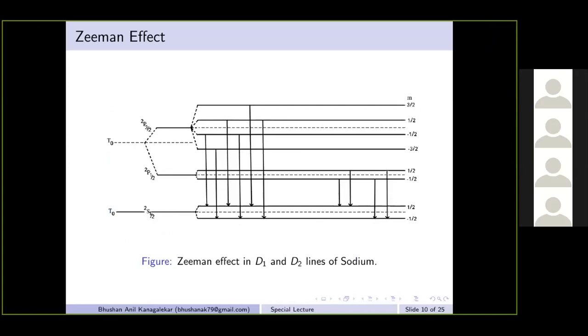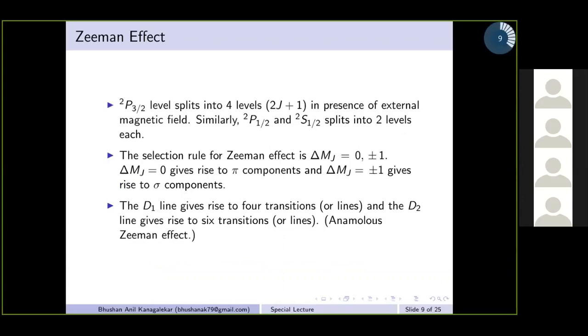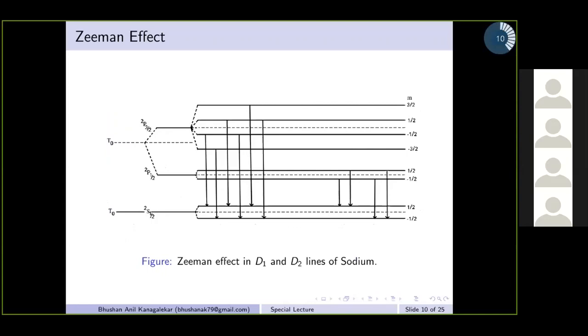Now, according to the selection rules of the Zeeman effect, delta mJ equal to 0 gives rise to pi components, and delta mJ equal to plus or minus 1 gives rise to sigma components. According to these selection rules, the lines will split.